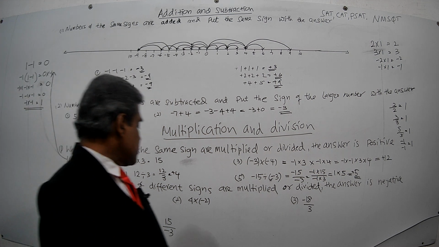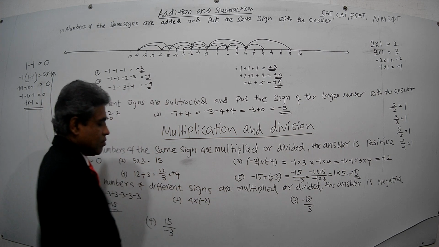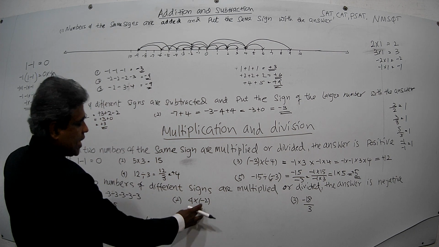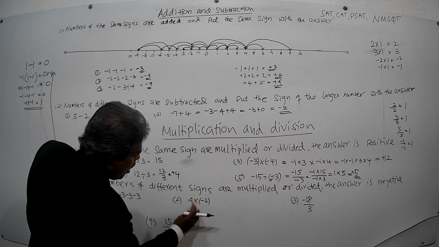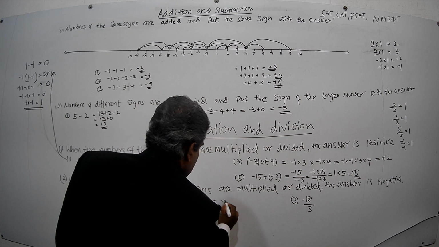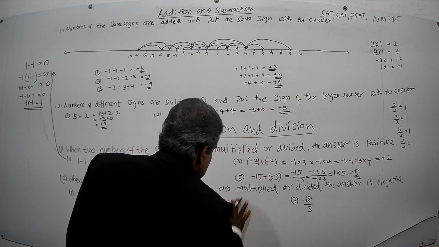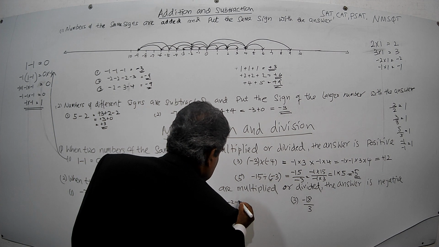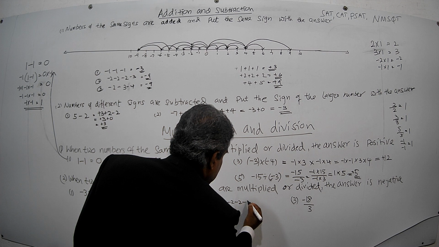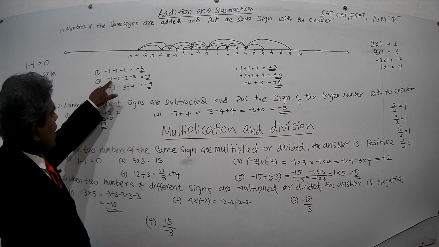Now this case: one number is positive, one number is negative. It is again the same thing. This means 4 minus 2s, so you can write this as minus 2, minus 2, minus 2, minus 2.